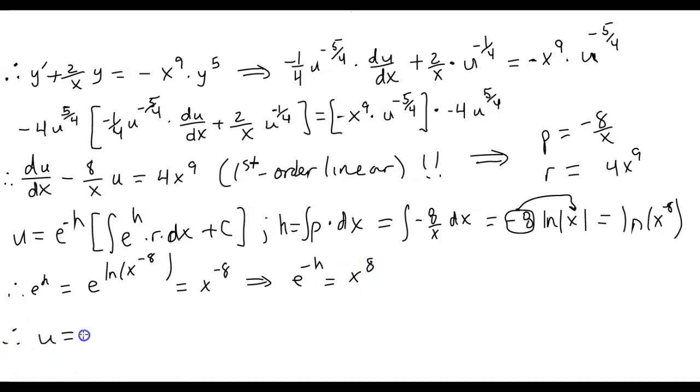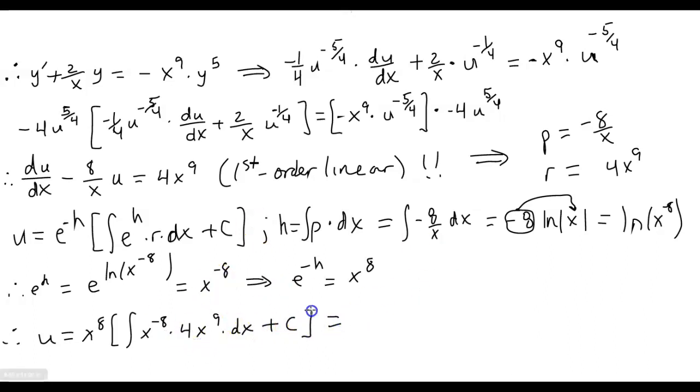So u is equal to x raised to the 8 times integral of x raised to the negative 8 times r, which is 4 times x raised to the 9 times dx plus c.